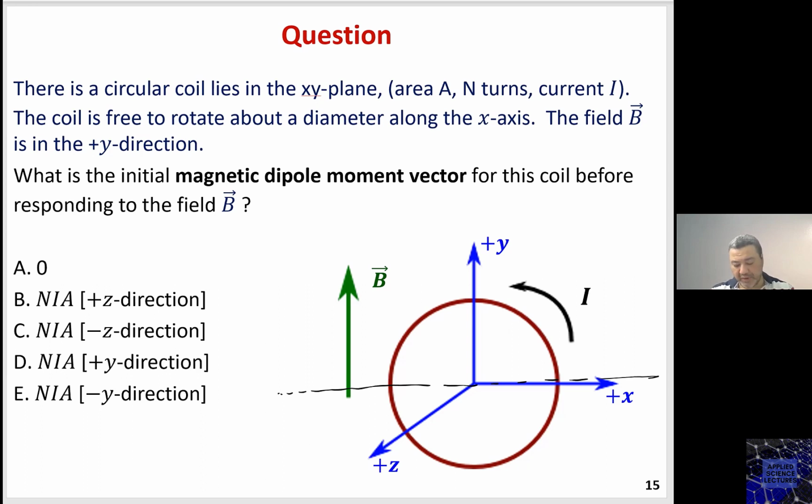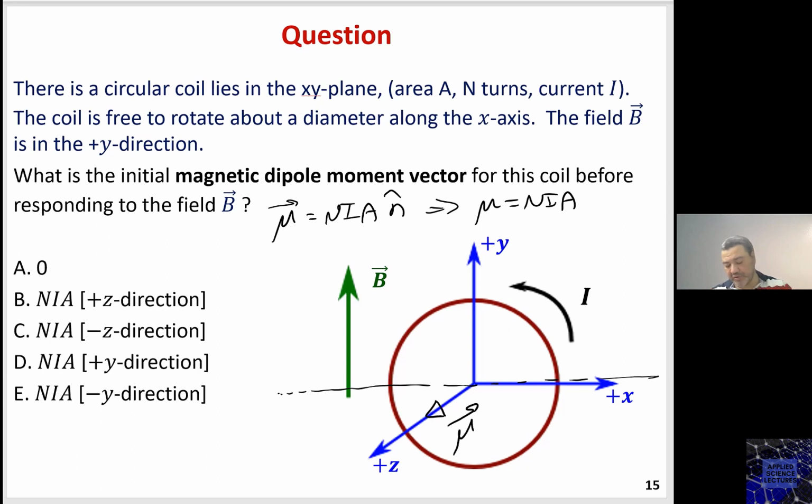So we need to find the initial direction and the magnitude of the magnetic dipole moment before responding to the magnetic field. So we know the magnetic dipole moment mu equals N I A n hat. So the magnitude is NIA. And the direction, based on the right hand rule, where the fingers follow the rotation of the current, we will see that the thumb will be pointing in the z axis.